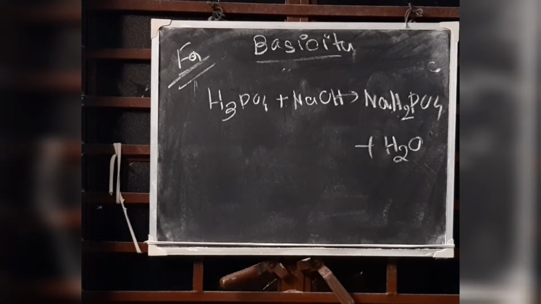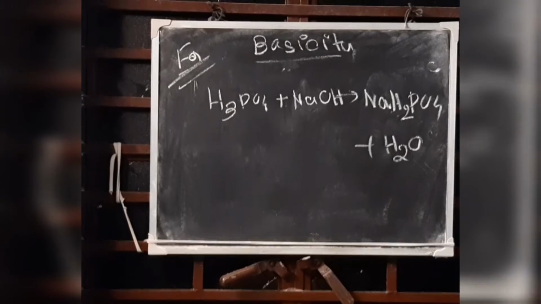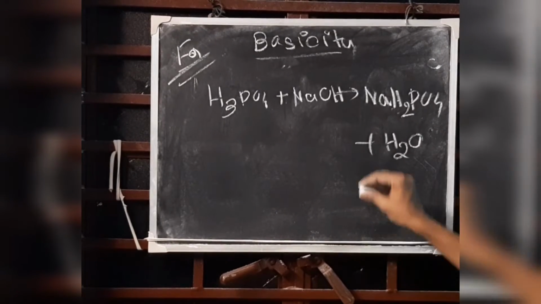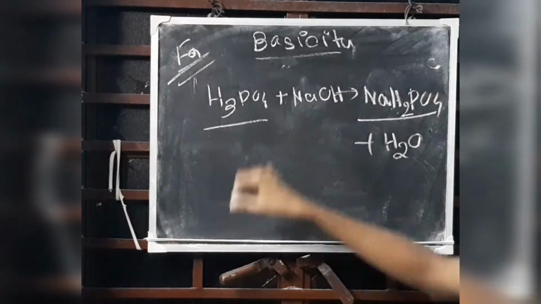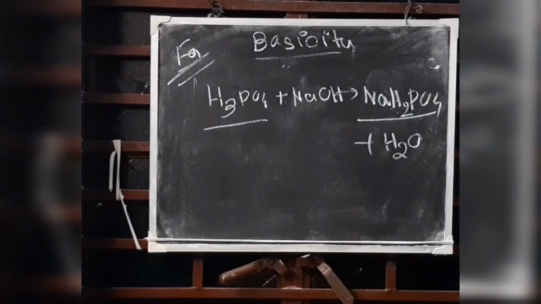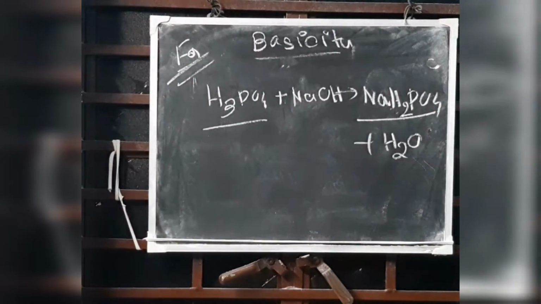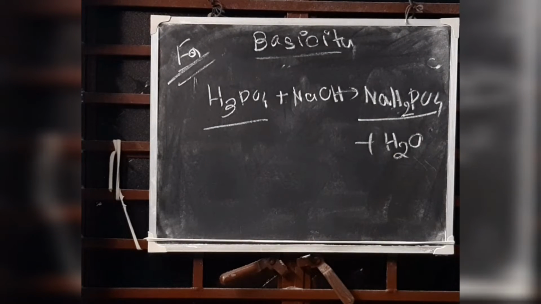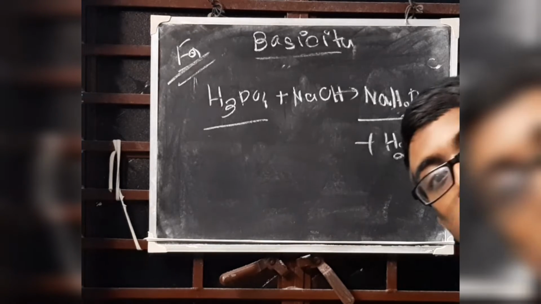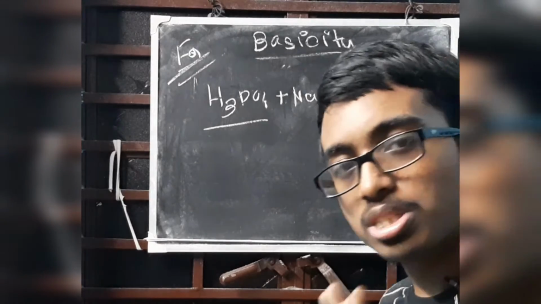What type of salt is this? Acid salt. What type of acid is this? Tribasic. What type of dissociation? First step dissociation. What is the chemical name of this? Sodium dihydrogen phosphate, or monosodium dihydrogen phosphate, same thing.